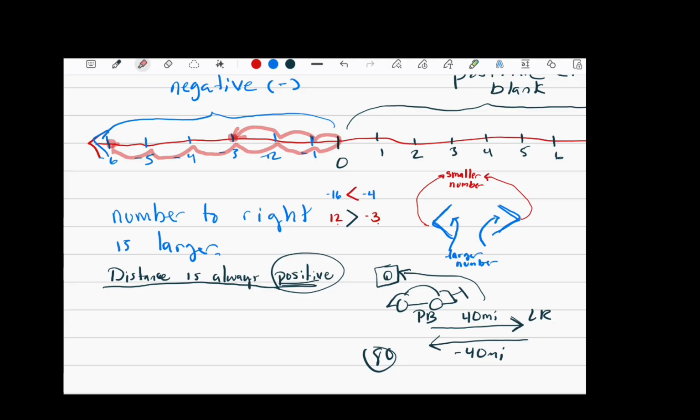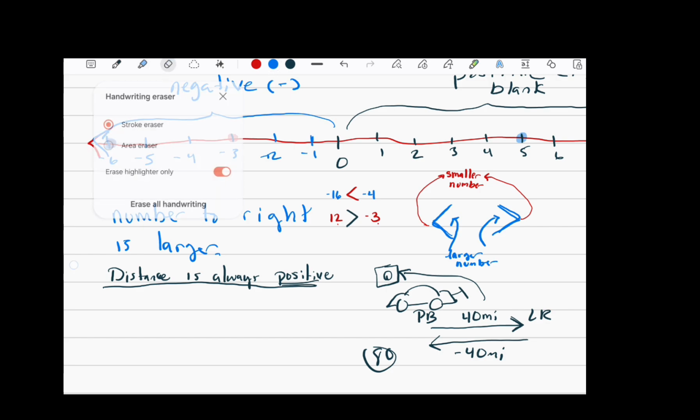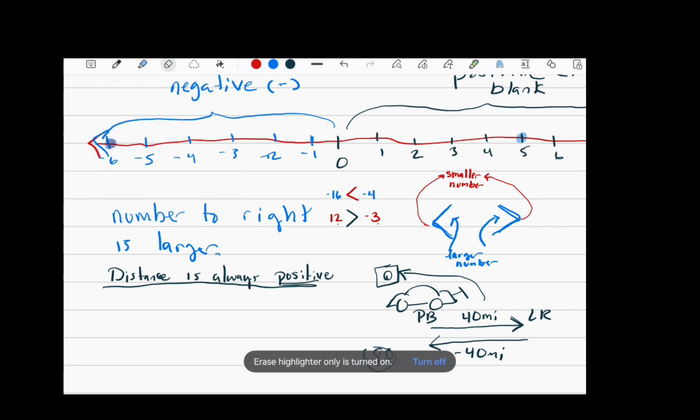All right? Now, if I had the numbers, let's try 5 and -6. Erase this one. 5 and -6.